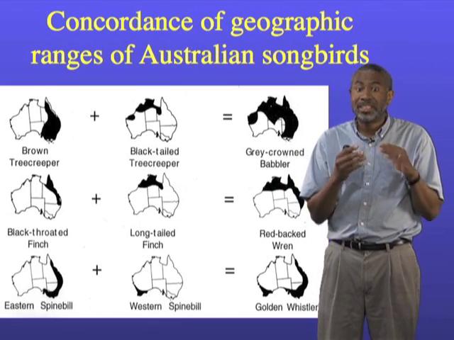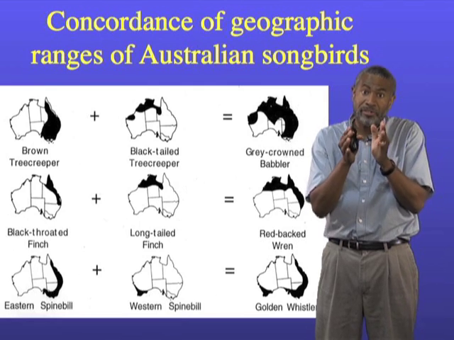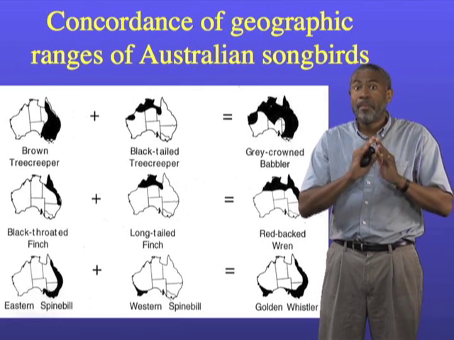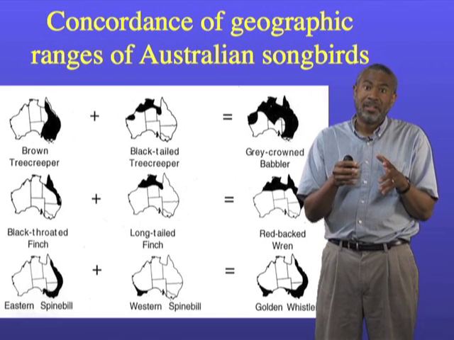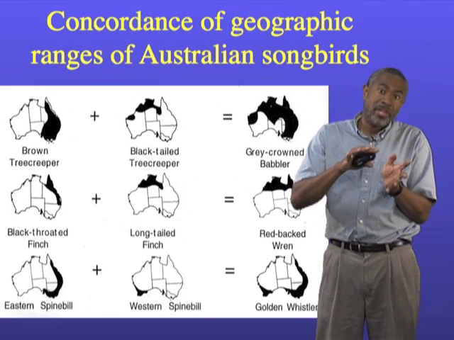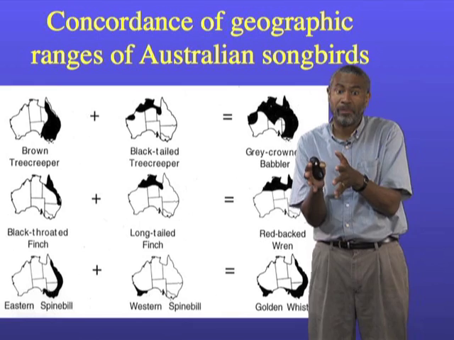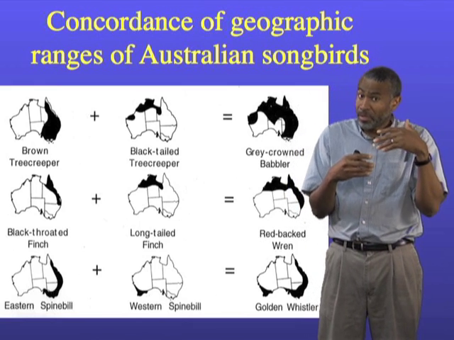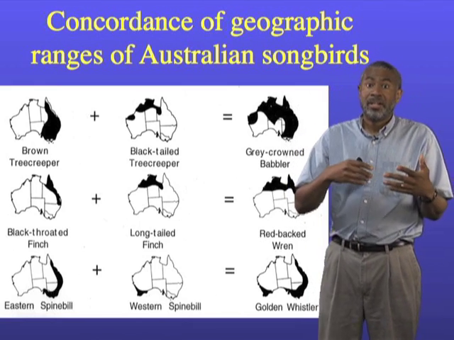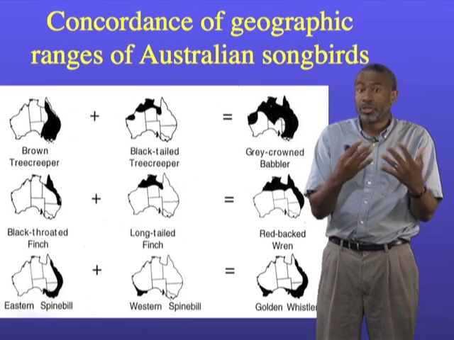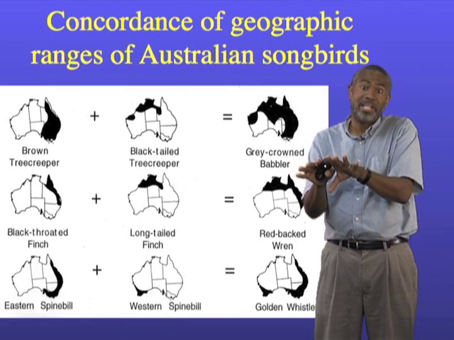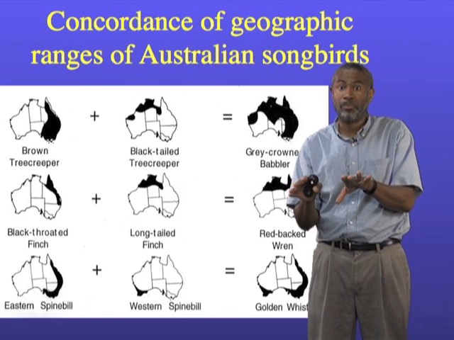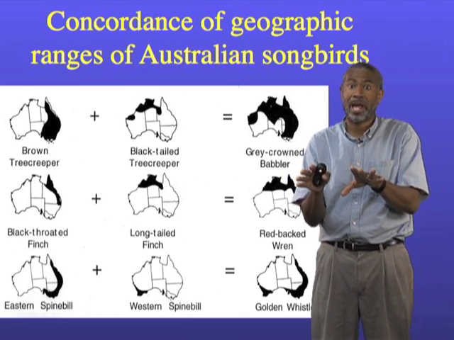And as a result, you can see that the ranges of different groups of birds are remarkably similar, sort of a chock-a-block pattern where in two separate groups, their ranges will add up to those of a third. So here you can see, for example, on the top row, ranges of brown and black-tailed treecreepers, how if you put those together, you add up to the range of a completely unrelated group, the babblers, the gray-crowned babbler.